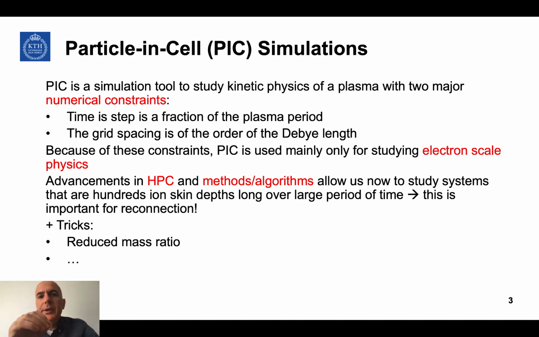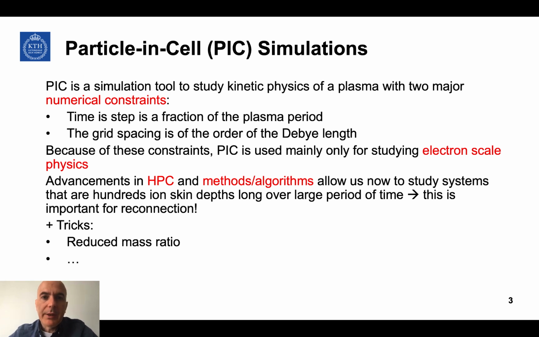Because both these constraints, the plasma period and the Debye length, are electron phenomena, PIC is used mostly for studying electron scale physics, right? So we constrain ourselves to have a grid spacing and time step that are electron quantities. For this reason, with PIC we are basically following the electron dynamics.